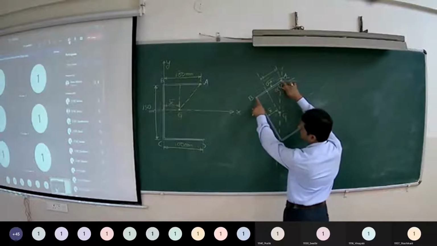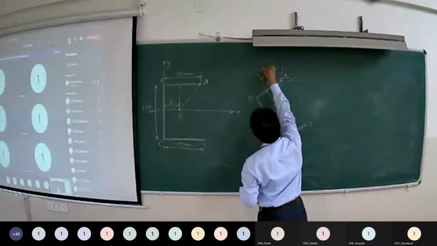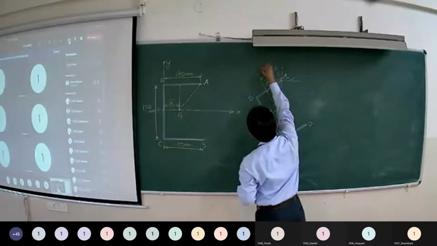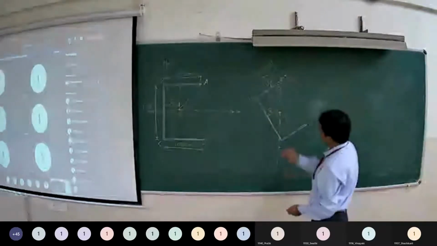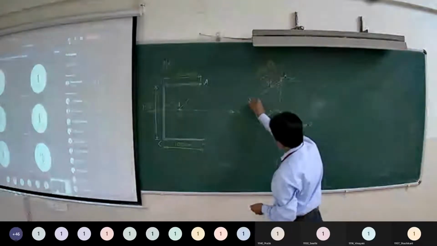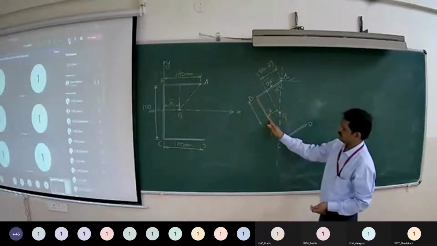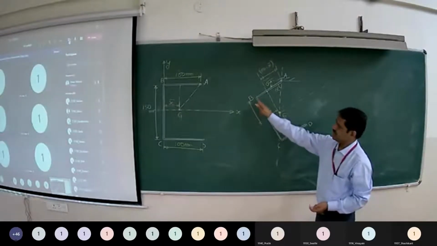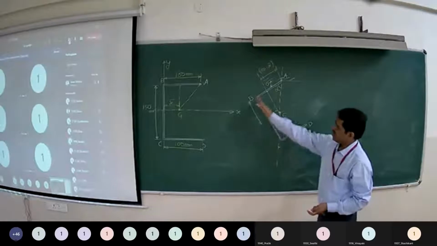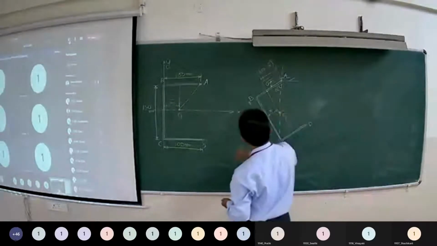Total AB we have is 100, so it is 100 minus X bar. Can you tell me what is this dimension? This distance? Yes, 75. Total 150, half of that, 75.